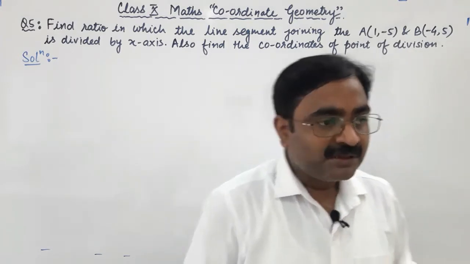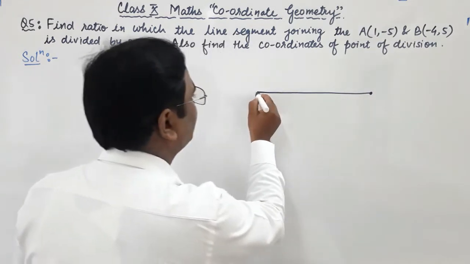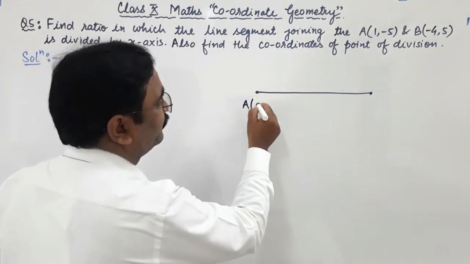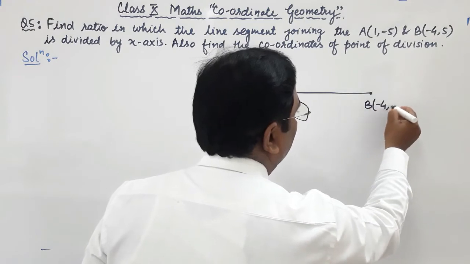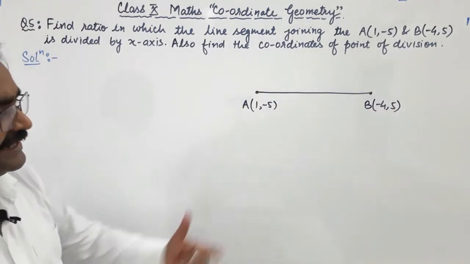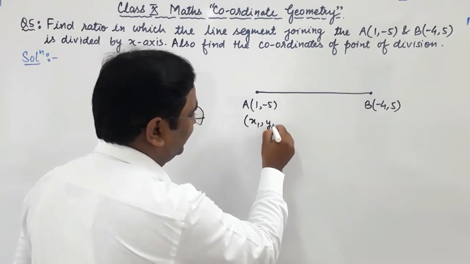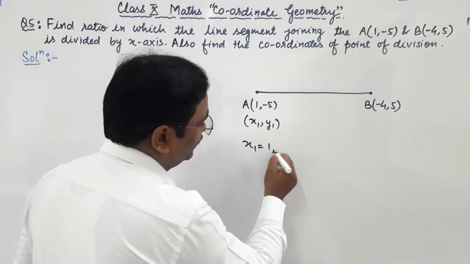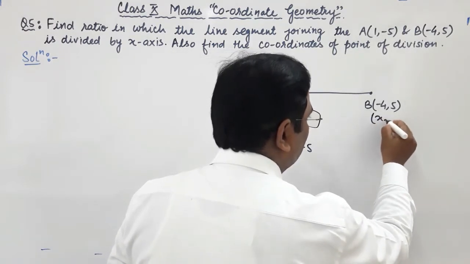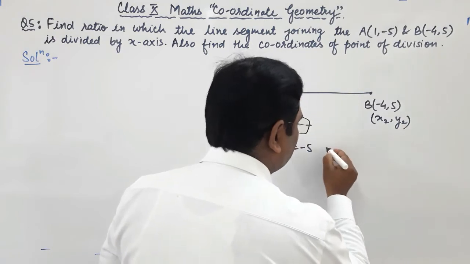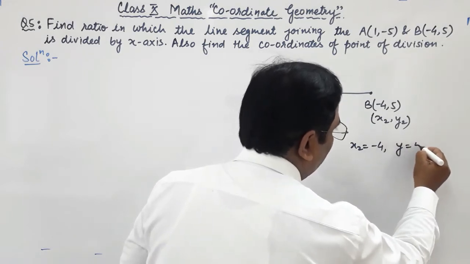So this is the line segment AB. The coordinates of A are (1, -5) and the coordinates of B are (-4, 5). Say A is (x1, y1), it means x1 is equal to 1 and y1 is equal to -5, and suppose B is (x2, y2), therefore x2 is equal to -4 and y2 is equal to 5, right?